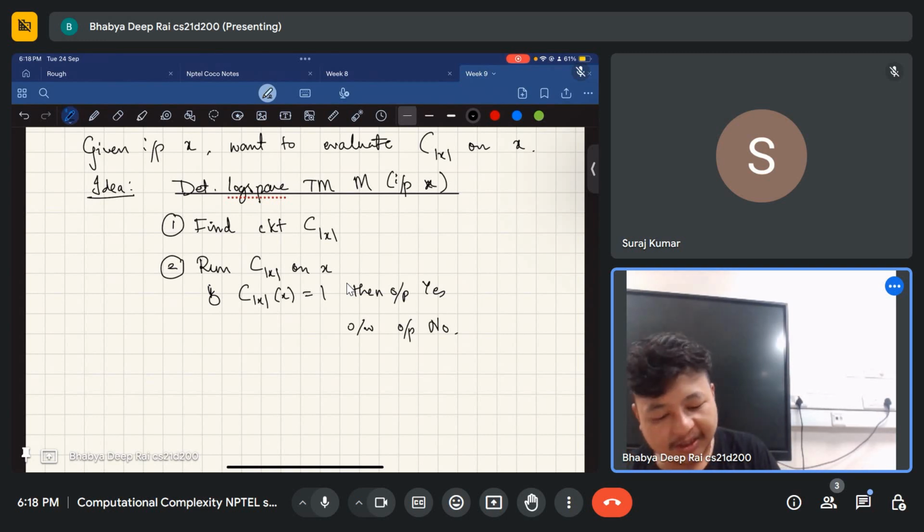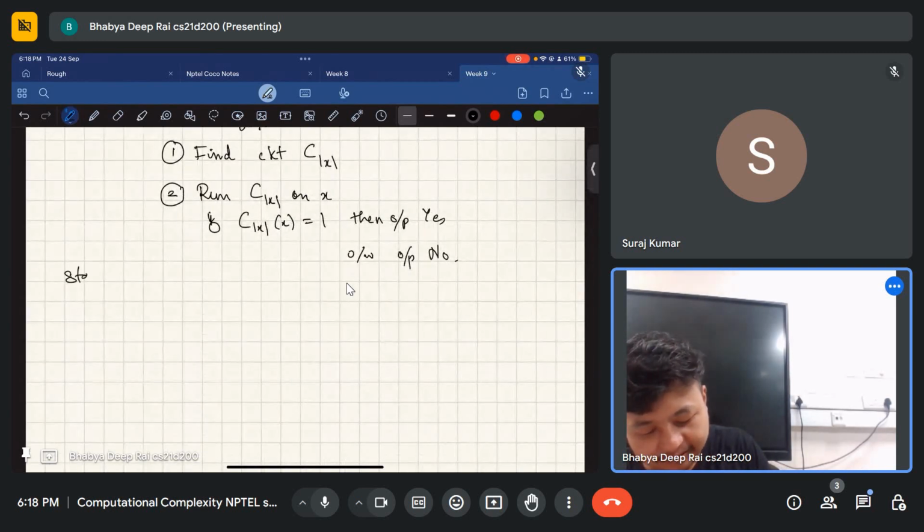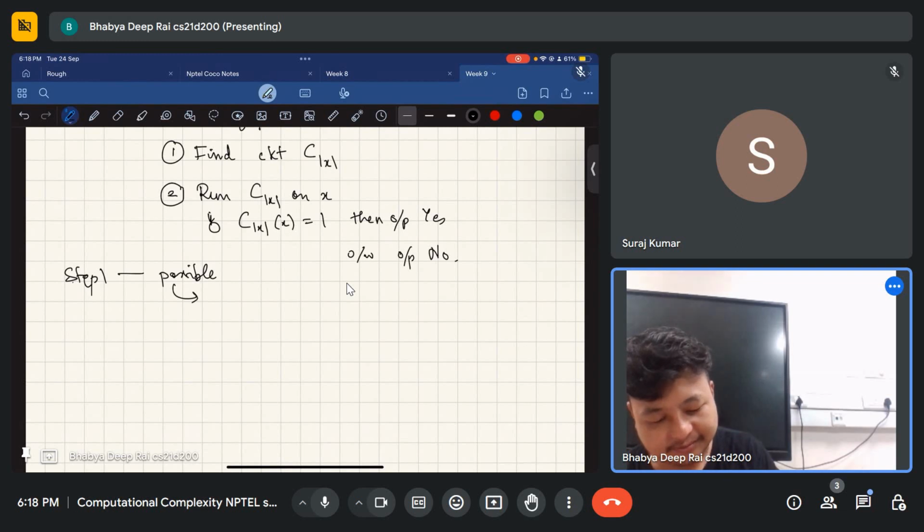Now step 1 is possible. Why is step 1 possible? Because this circuit family is log space uniform.